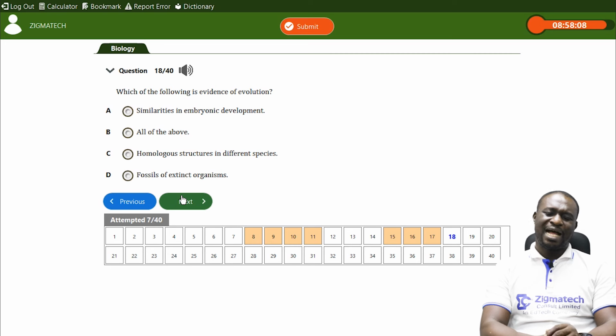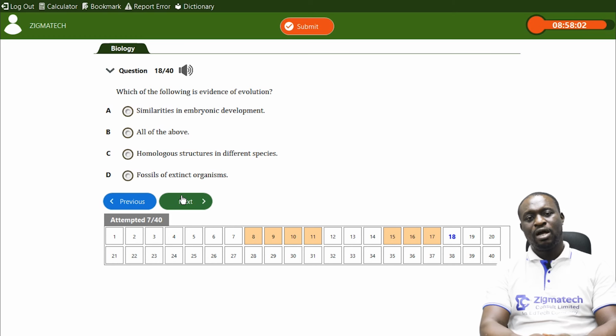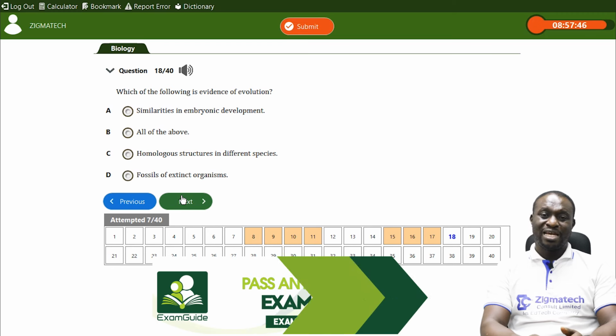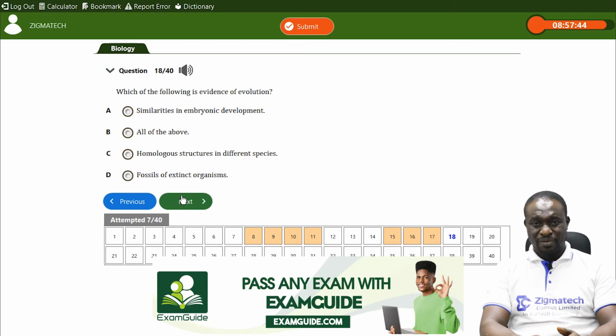Now, fossils are the remains of parts of living organisms that have existed for a very long period of time. We also have the evidence of embryology. We have the evidence of comparative anatomy. We also have the evidence of vestigial organs. Okay, these are some of the evidences of evolution.